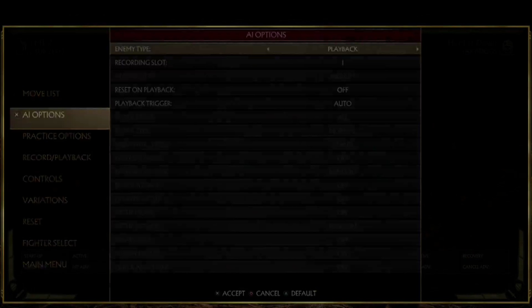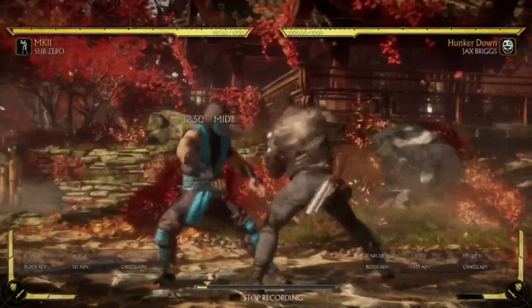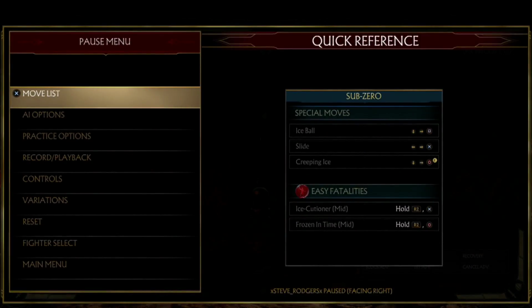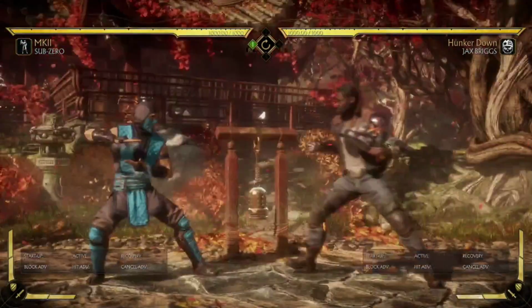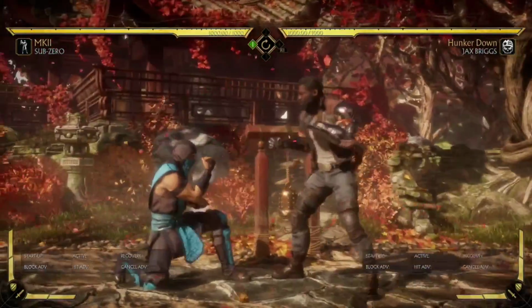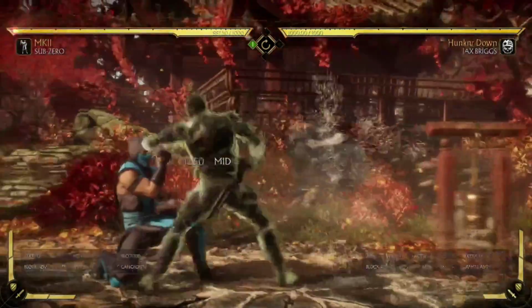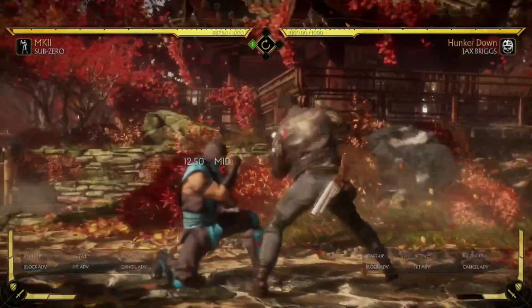When you amplify it, it's considered a special cancel, much like doing a normal into a special. Because you're special canceling out of this, I'm still stuck in block for a considerable amount of time. I'm going to release block the second I block this, but even though I'm releasing block immediately, you'll notice I'm still stuck in block animation, even though I'm not holding the button.